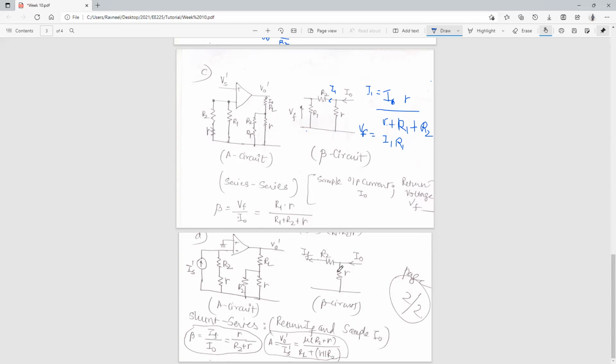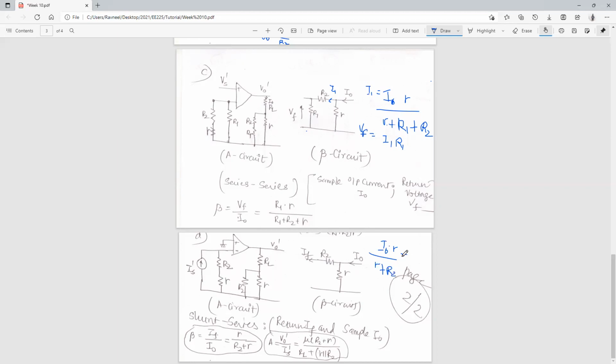Now if I need to find the beta gain, just before going into that, you can see IF, the current in this particular branch across R2, is given by I0, the input current, and then we can use current division. If we are finding the current in the branch across R2, we have to use the branch opposite to it, which is R, upon the total resistance, that is R plus R2.